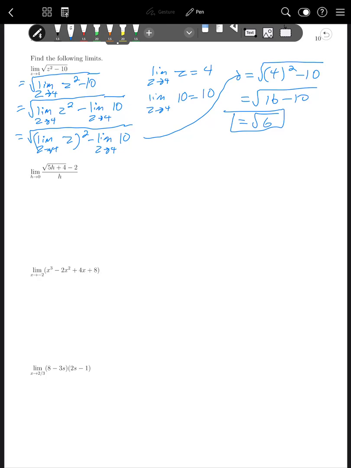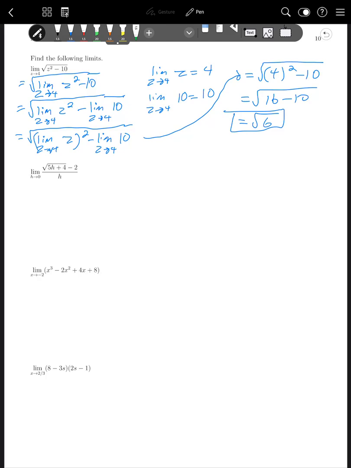Okay, so that's fairly straightforward, and most of these will be like that. Now, the second one here runs into a problem that we're going to need to address. Notice that if I tried to just break this all down using limits, I can break up a root, a difference, a sum, a product.